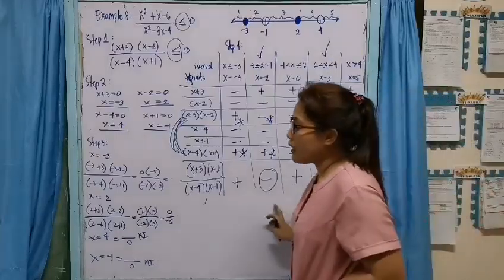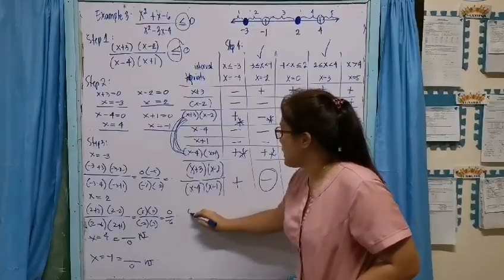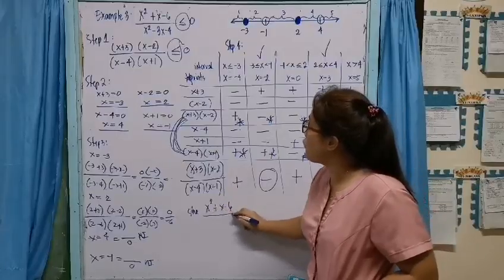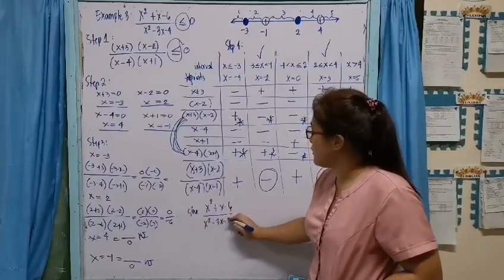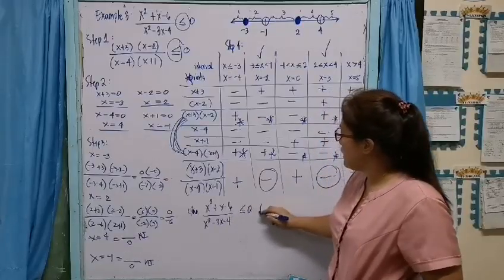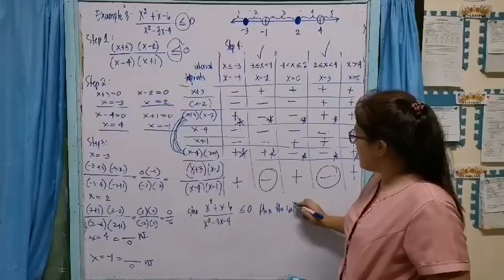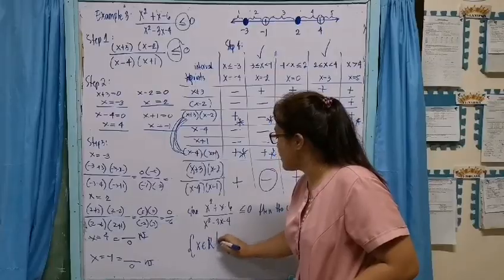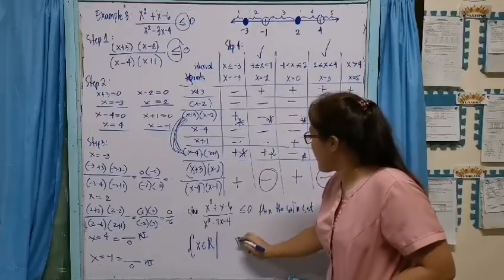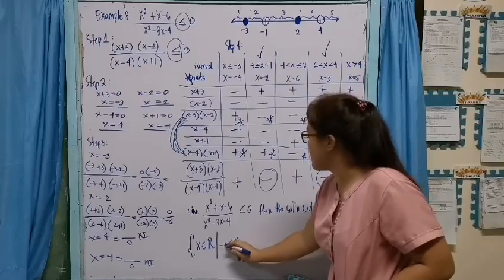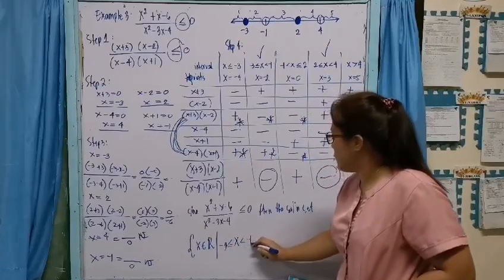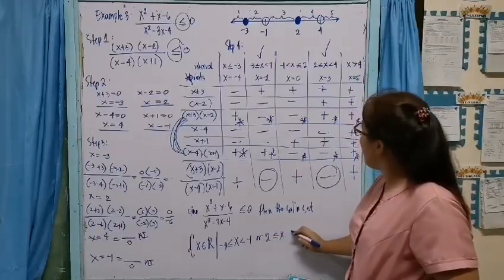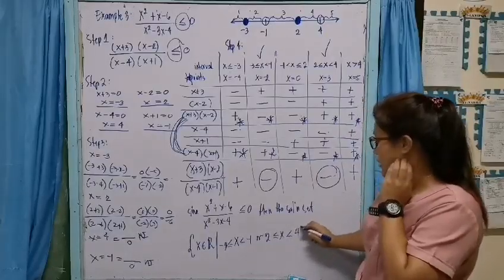Since x squared plus x minus 6 over x squared minus 3x minus 4 is less than or equal to 0, the solution set is x is an element of the real numbers such that x is less than or equal to negative 3 but greater than negative 1, or x is greater than or equal to 2 and less than 4.